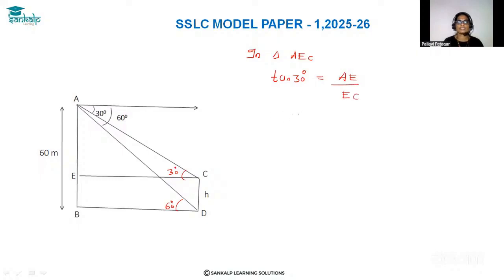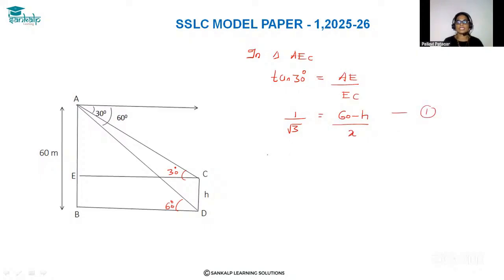So tan 30 degree is 1 by root 3, which is equal to AE, which is 60 minus H, divided by EC, which is X. Take this as equation number 1.